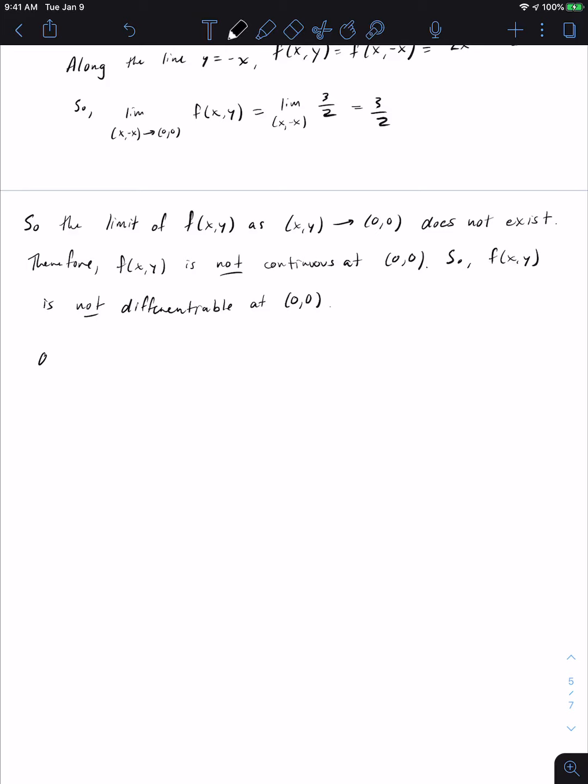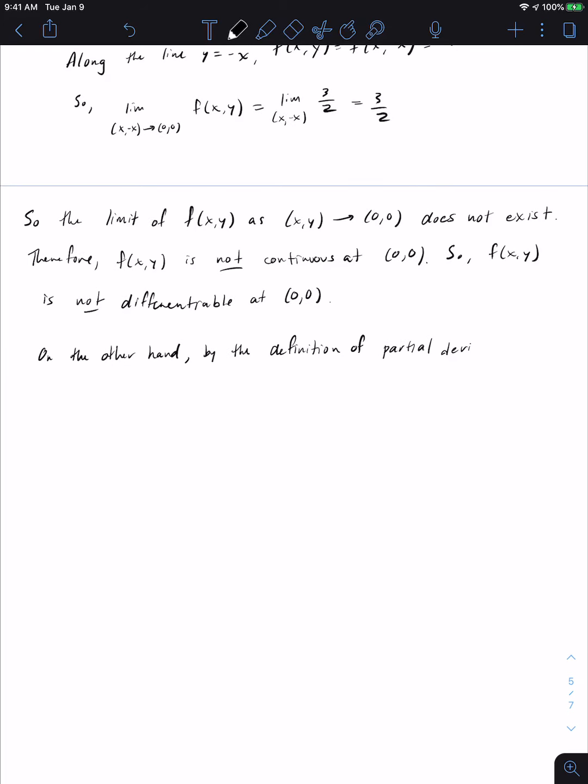So on the other hand, by the definition of partial derivatives, f of x, the partial derivative with respect to x, and f of y.